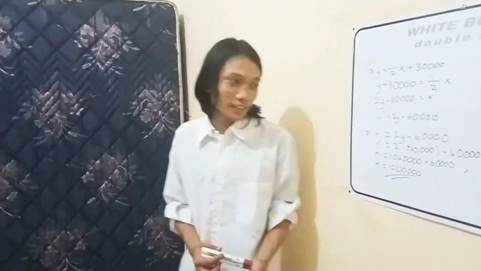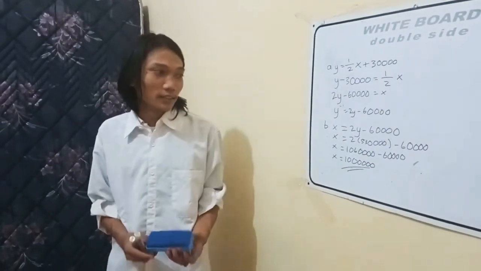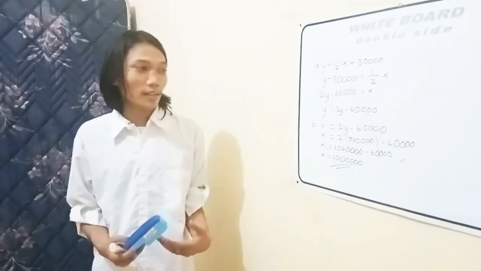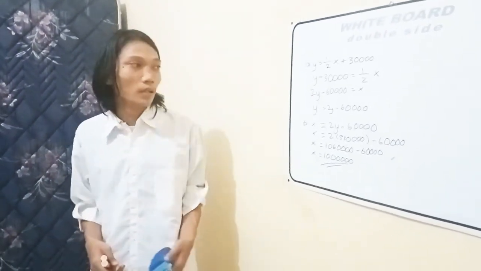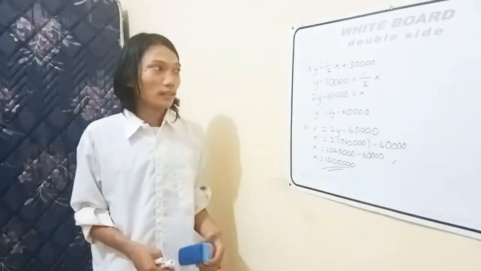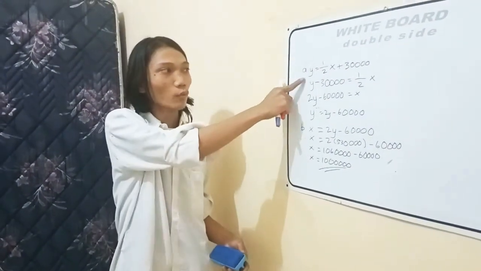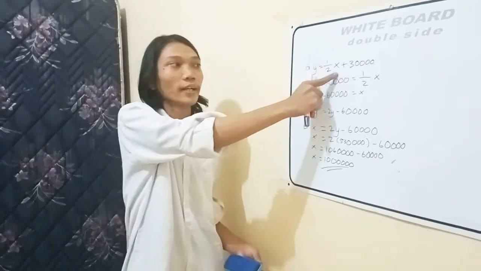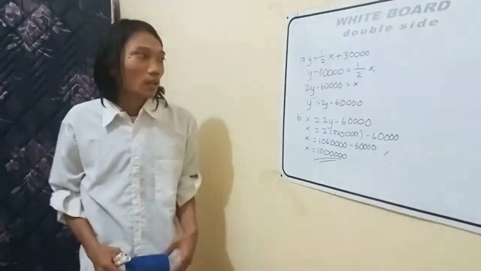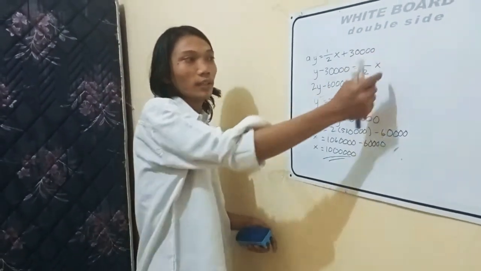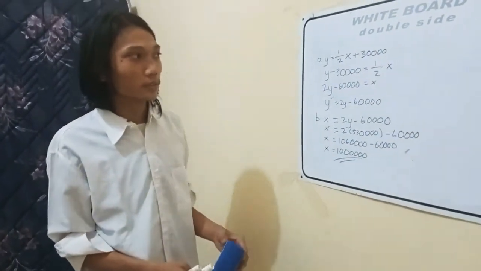Now I will check the answer. Based on the problem, we can get the equation y is equal to a half x plus 30,000. Then we can do algebraic operation.